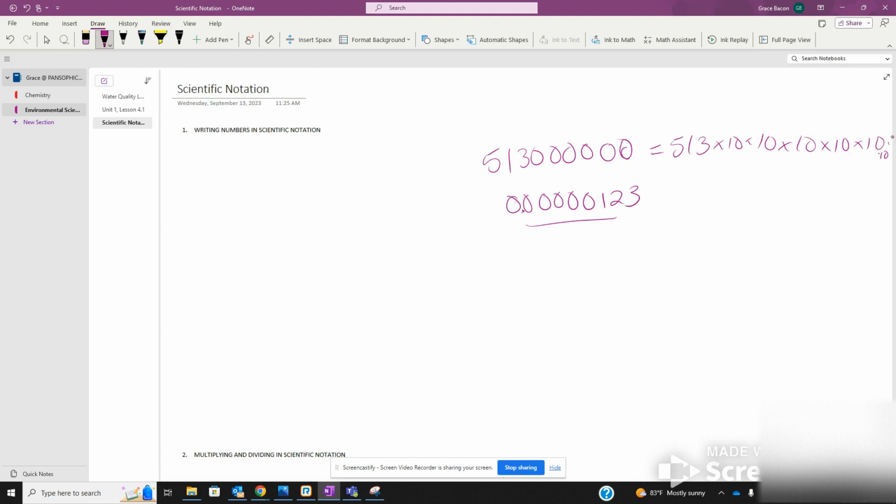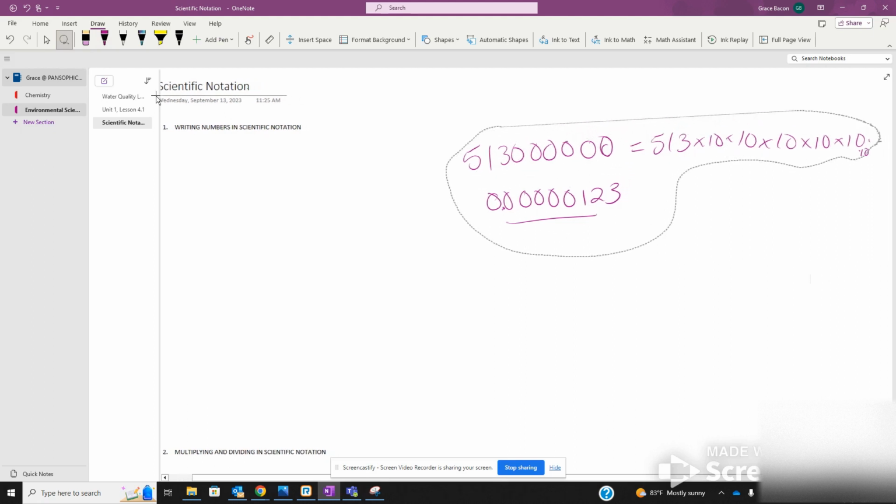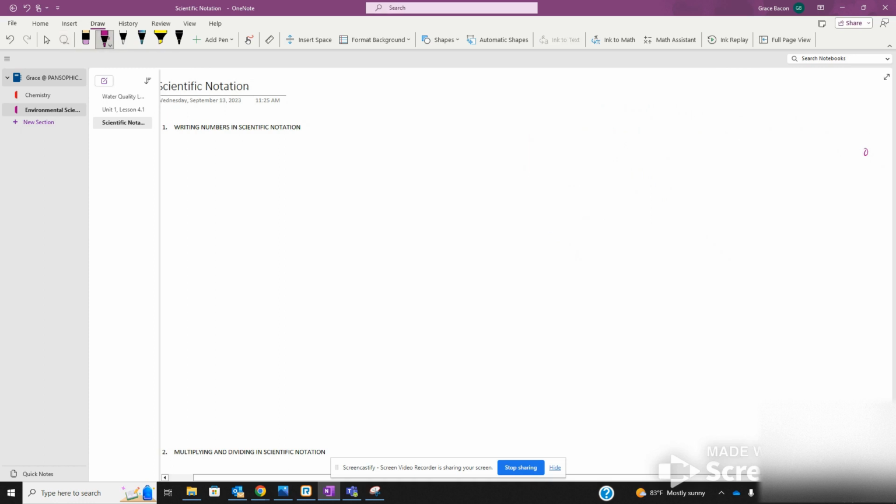There. Right, so I can start to see where I'm going with this. So what scientists do is they take whatever number they're working with and they reduce it down to having only one digit before the decimal. So let's start getting into a real example.